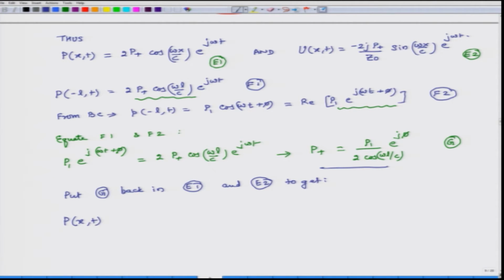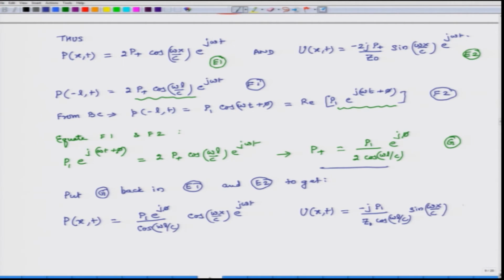So, complex pressure at location x and time t is equal to P1 e^(jφ) over cos(ωL/c) cos(ωx/c) e^(jωt), and complex velocity of the particle is minus j P1 by z0 cos(ωL/c) sin(ωx/c) e^(jωt).